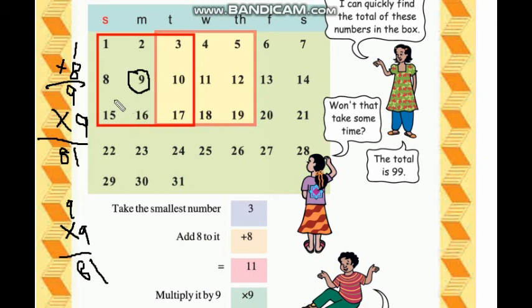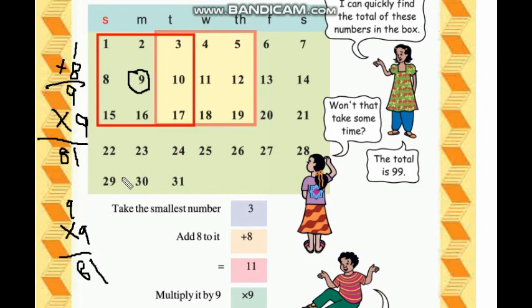First take the smallest number, as shown in the first step. This is 1. Now add 8 to it. That means 1 plus 8, 9. Then multiply by 9. Here, third step. So 9 nines are 81.